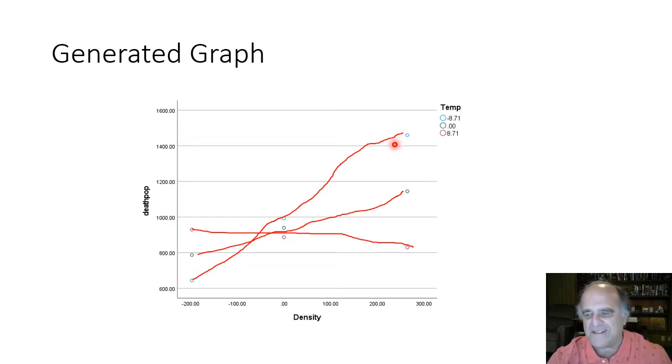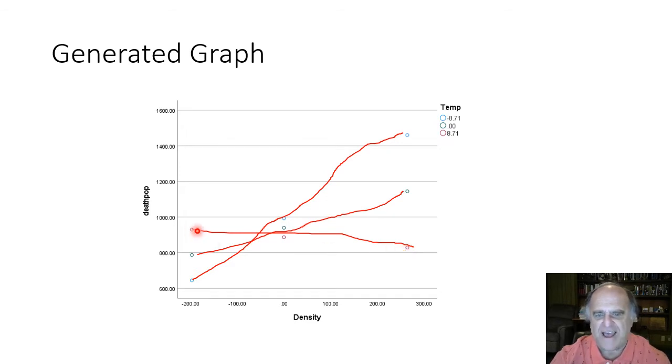If you rewind and look at the last slide, you'll see that this slope is really big when temperature is low. In a sense, the worst situation is to have low temperatures and high density. On the other hand, the slope is pretty much flat or even a little negative when temperature is high.